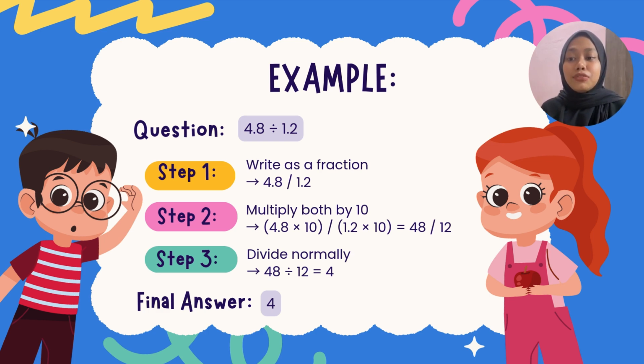So we get 4.8 times 10 per 1.2 times 10. So we get 48 per 12. For step 3, we just divide the numbers as normal. So it is 48 divided by 12 and we get the answer 4. So the final answer is 4.